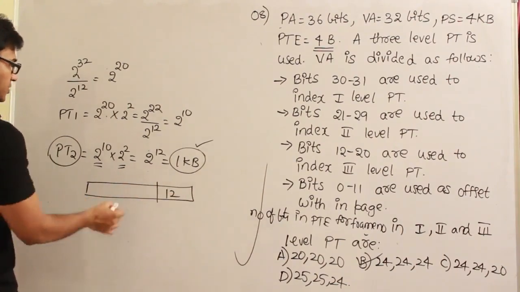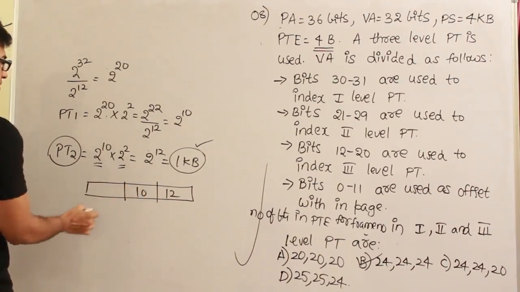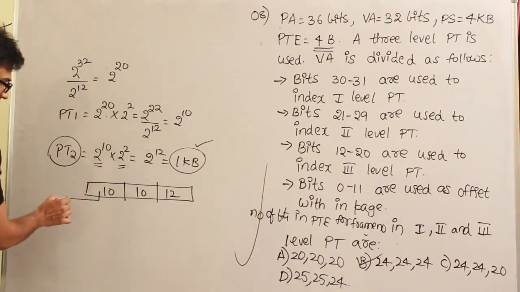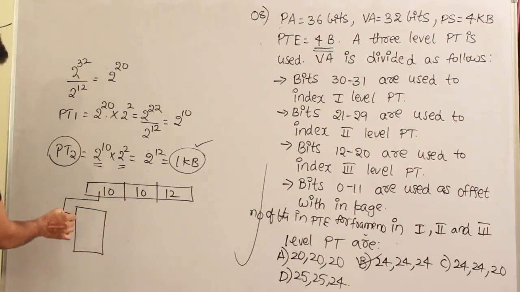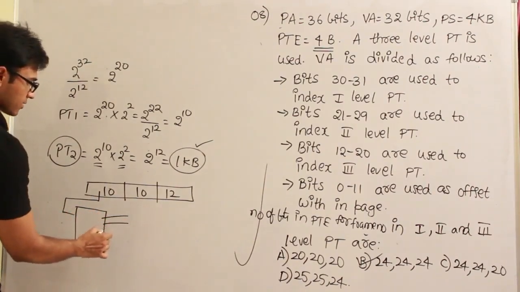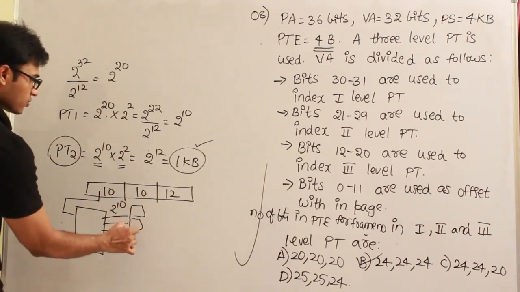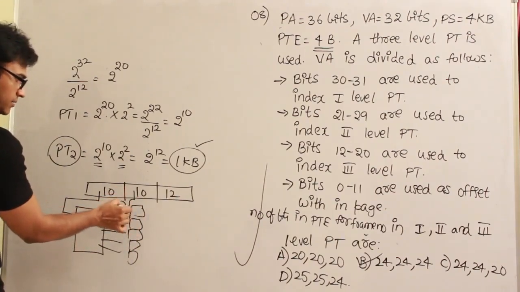12 bits are used for the page offset, the next 10 bits are used for page table 1, and 10 bits are used for the outer page table. Using these 10 bits, I could refer to one of the 2 power 10 entries of the outermost page table. Each entry will refer to one page of the next page table, and each one is indexed by 10 bits.